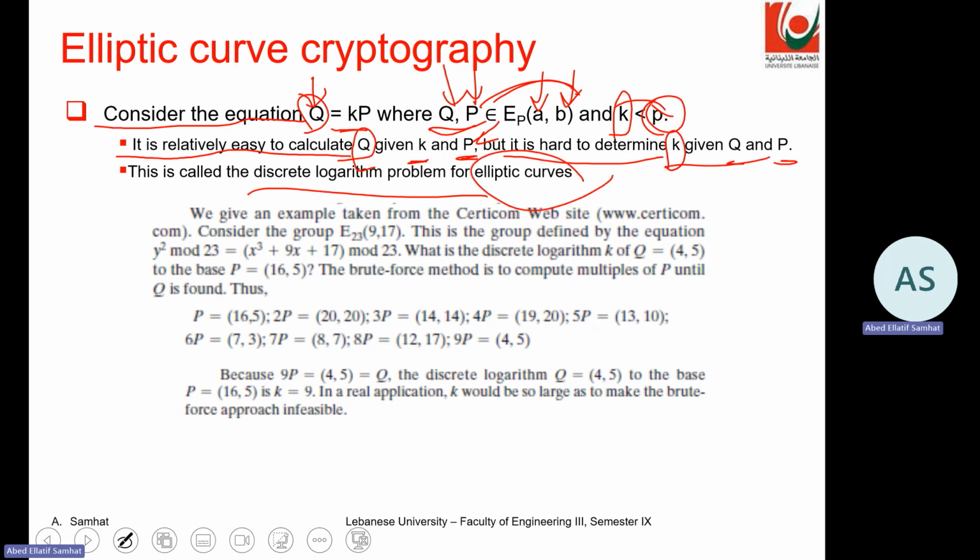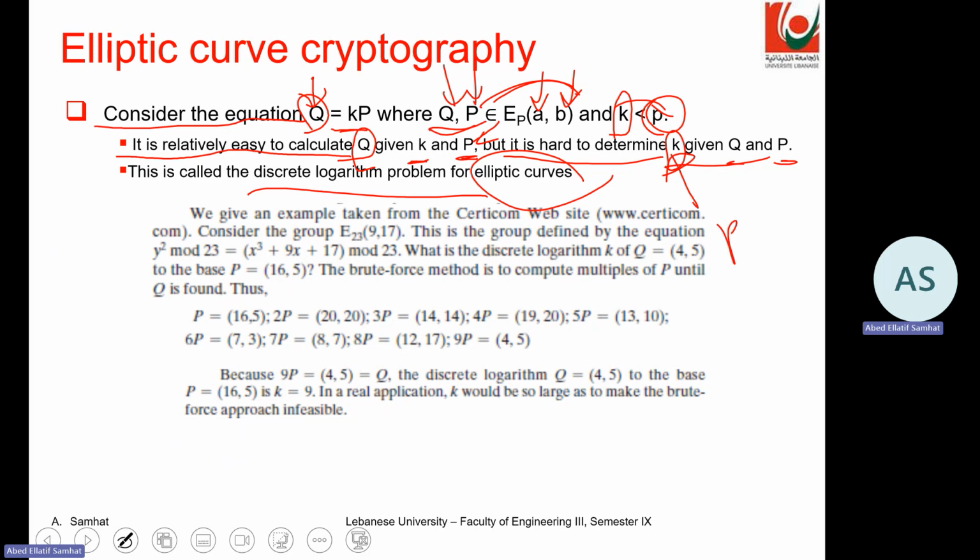Remember that the discrete logarithm that we presented before was general and not specific to the elliptic curve. Here, when we talk about the problem of finding the value K, this is what we call the discrete logarithm problem for elliptic curves. Okay, this is an example.